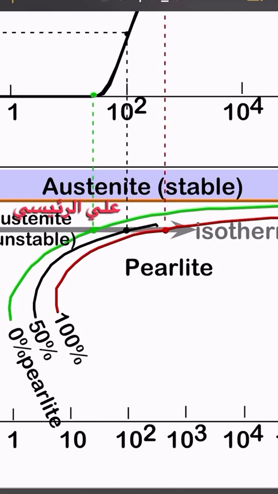So again, the red line is 100% transformation, and the black line is 50%, and the green line is 0% transformation. After about 800 seconds, you will see the transformation from austenite to perlite.